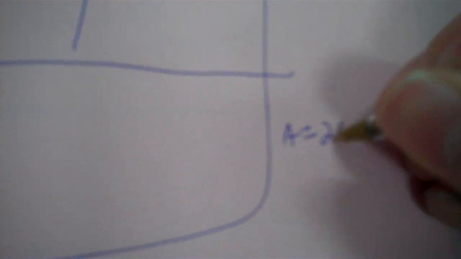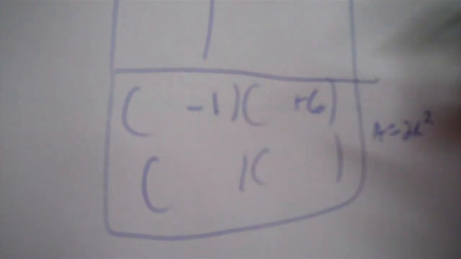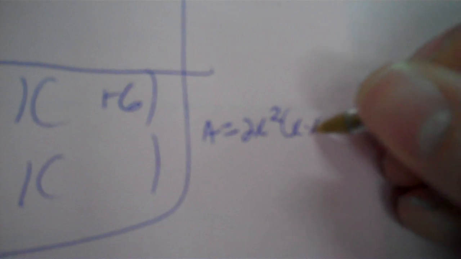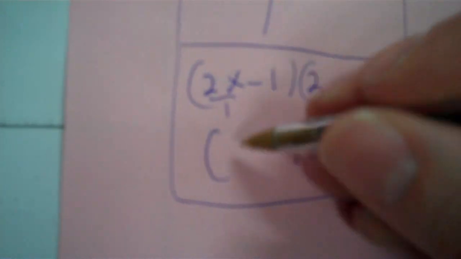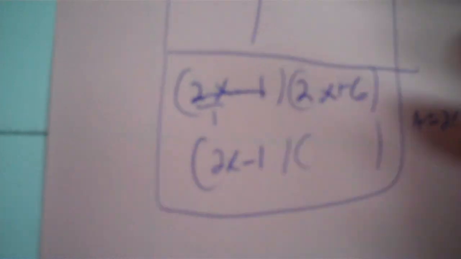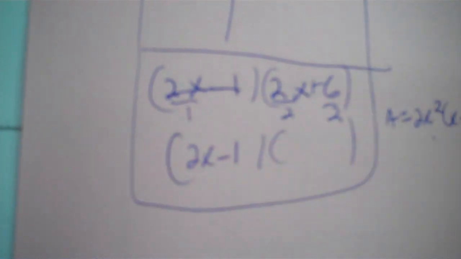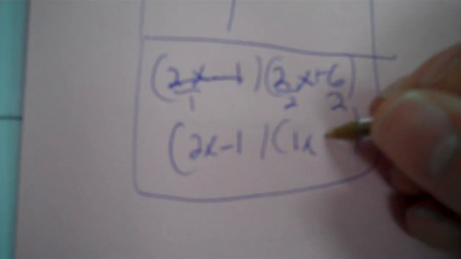Now your A is 2x to the second. So x times x, then 2 and 2. Now 2 and 1 can only be divided by 1, which would keep it the same, but the 2 and the 6 are divisible by 2, and they need to be divided by 2.